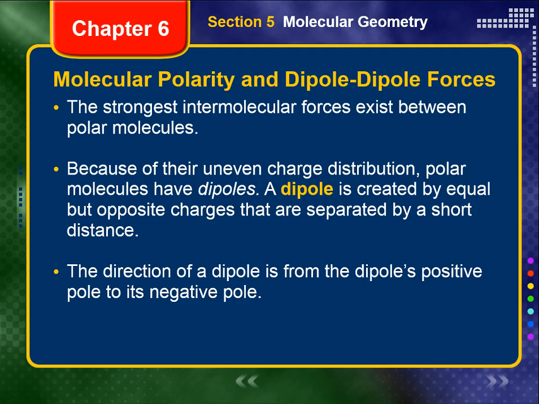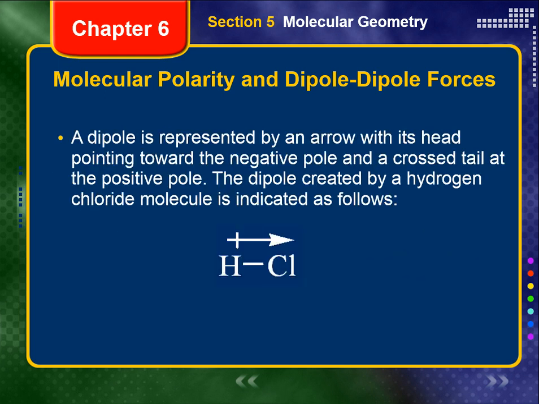Molecular polarity and dipole-dipole forces. The strongest intermolecular forces exist between polar molecules. Polar molecules act as tiny dipoles because of their uneven charge distribution. A dipole is created by equal but opposite charges that are separated by a short distance. The direction of a dipole is from the dipole's positive pole to its negative pole.